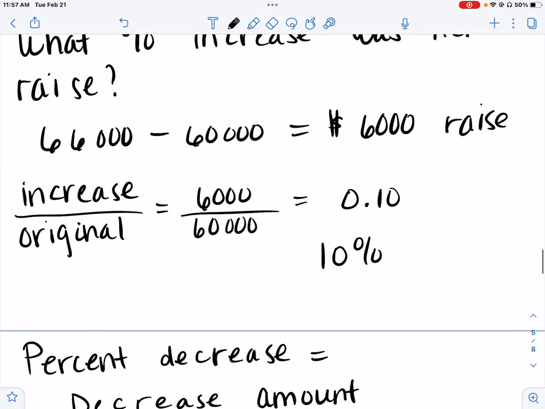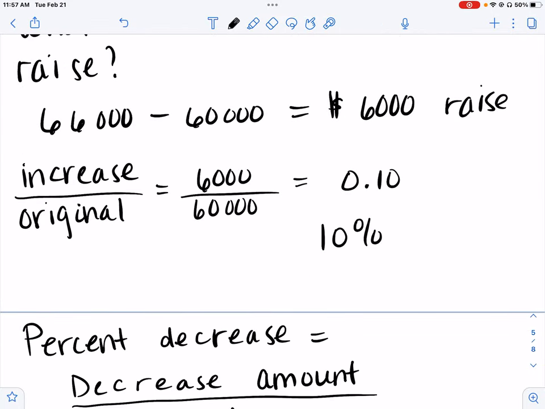Okay, well, first we find out what her dollar raise was. So 66,000 the new minus the 60,000 the previous equals a 6,000 raise. So you put the dollar amount raise over the original. Her original salary was 60,000.